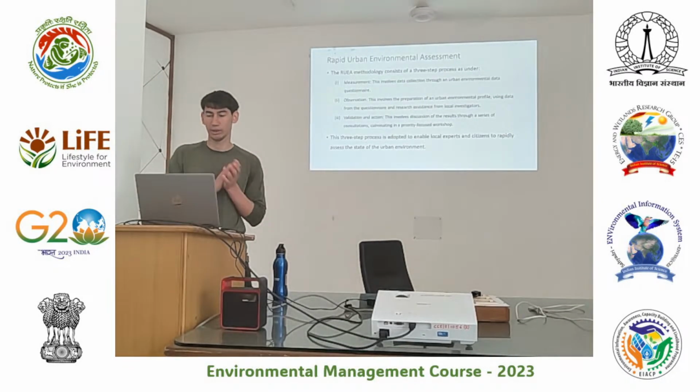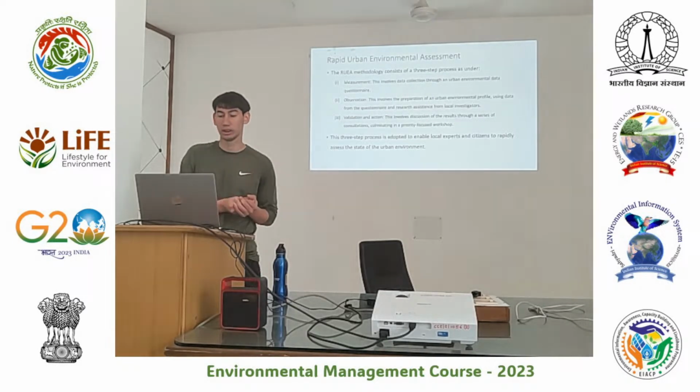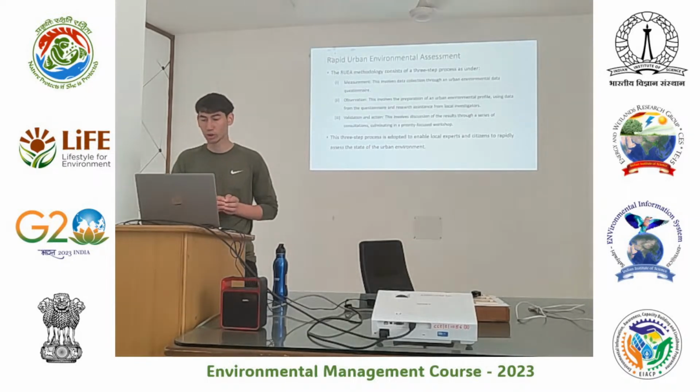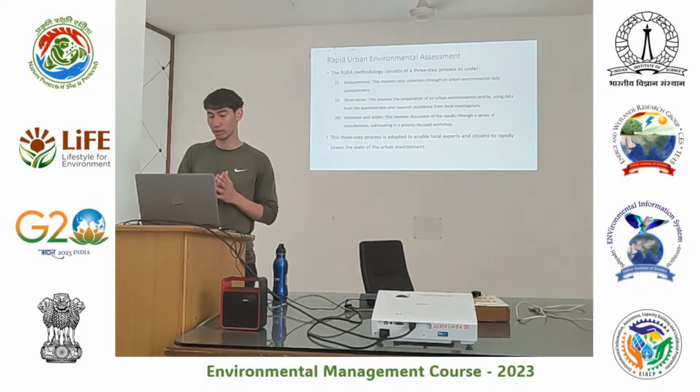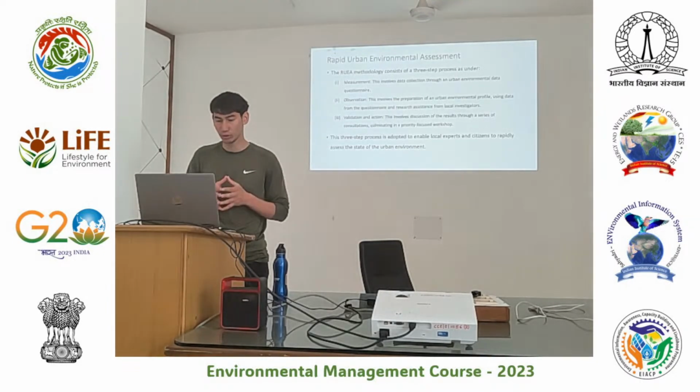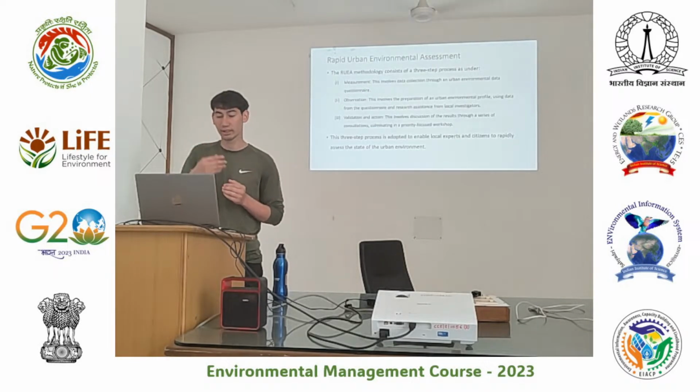Rapid environmental assessment. This methodology consists of a 3-step process. First is measurement. This involves data collection through an urban environmental data questionnaire. Second is observation. This involves the preparation of an urban environmental profile using data from the questionnaire, which we got previously, and research assistance from local investigators.